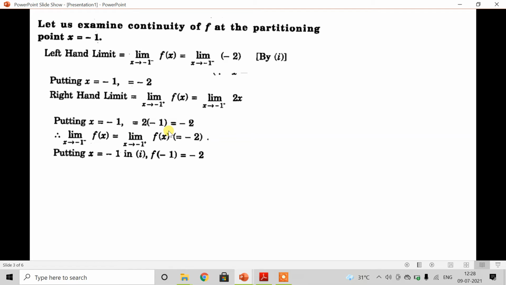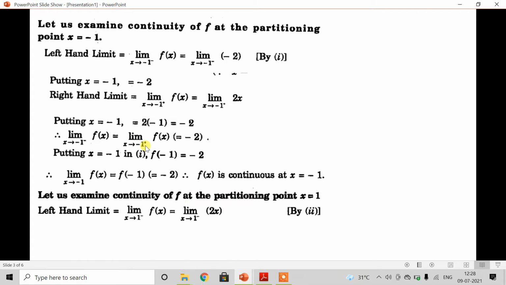And the value of the function at minus 1 is also defined as minus 2. So f(minus 1) is also minus 2, the left hand limit is minus 2, and the right hand limit is also minus 2. So we can say that the function is continuous at x equal to minus 1.